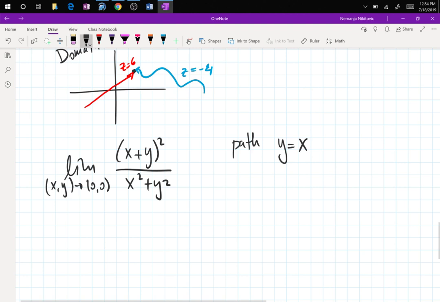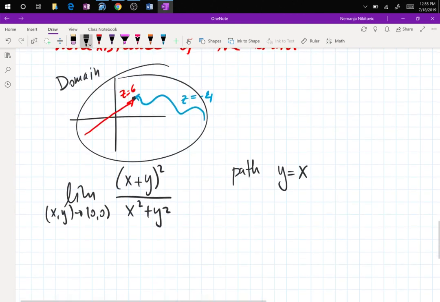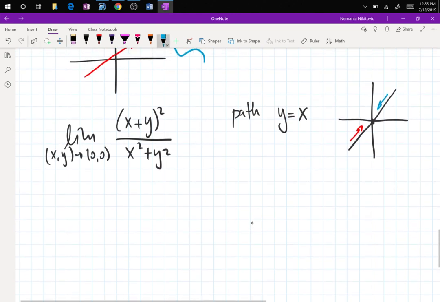Your new domain now is the line y equals x going through (0,0), and you can approach that one now only in two ways. So technically, what this path does is reduce your problem to a Calc 1 problem.